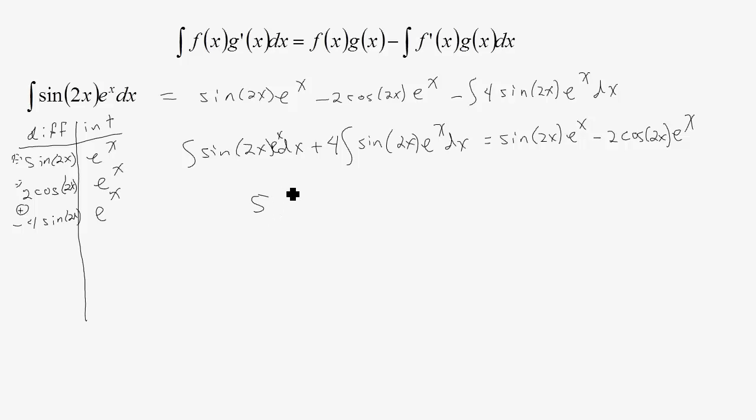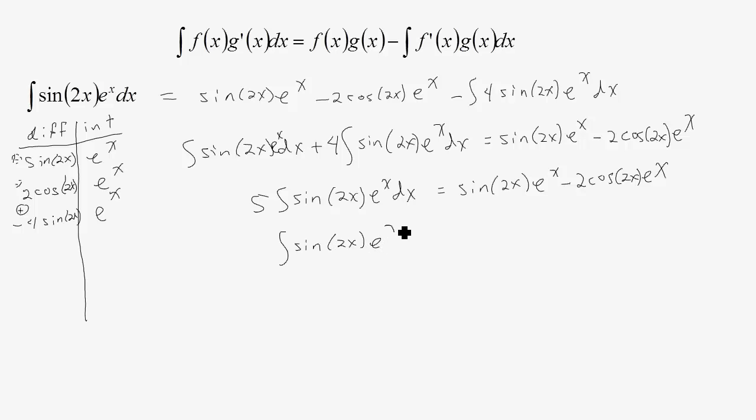That makes a total of 5 times the integral of sine 2x e to the x dx equals sine 2x e to the x minus 2 cosine 2x e to the x. And this is what I'm looking for, just the integral, not 5 times the integral. So I'll divide both sides by 5 in my equation here.